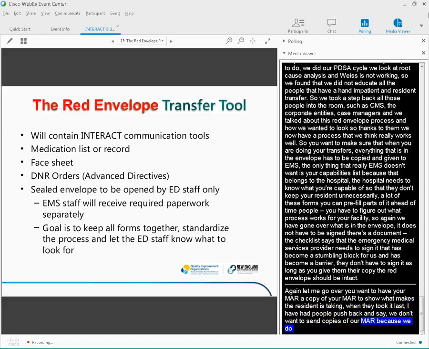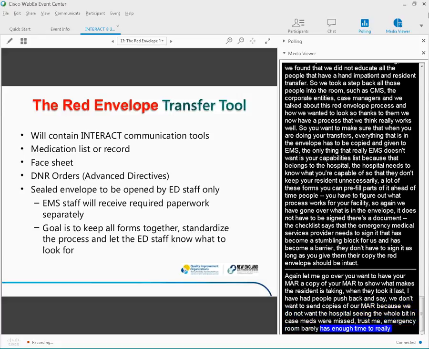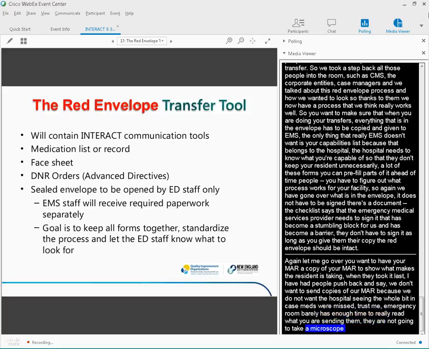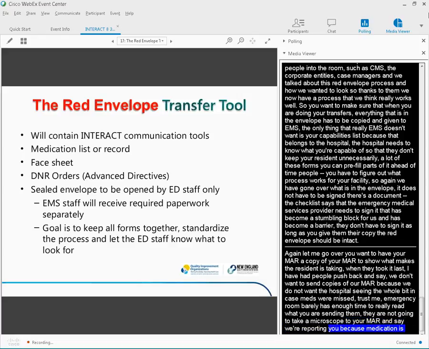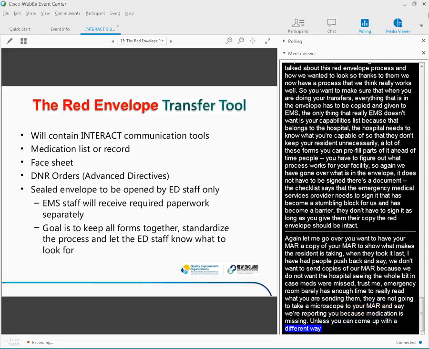Trust me, the emergency room barely has enough time to really read what you're sending them. They are not going to take a microscope to your MAR and say, we're reporting you because a medication is missing. Unless you can come up with a different way of communicating the medication list and when the med was taken last, this was the best way that we found to work.